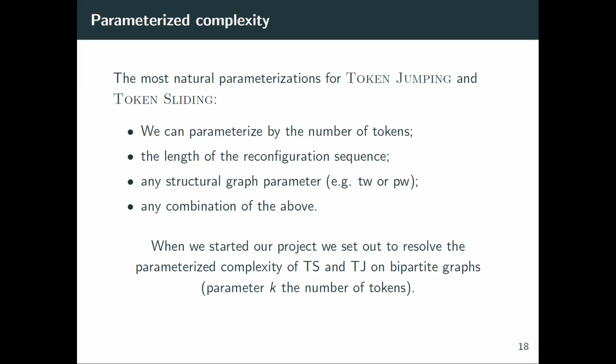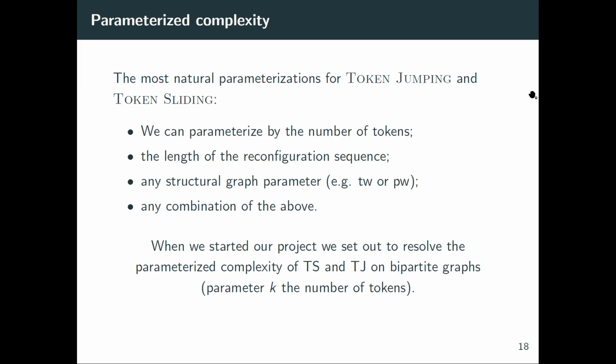When we started working on this problem, our initial aim was to study the parameterized complexity of token sliding and token jumping on bipartite graphs using the parameter k, the number of tokens. Because remember, we saw that token sliding is PSPACE complete on bipartite graphs and token jumping is NP complete. So we were interested to see if this would give us W1 hardness for token sliding and FPT-ness for token jumping.